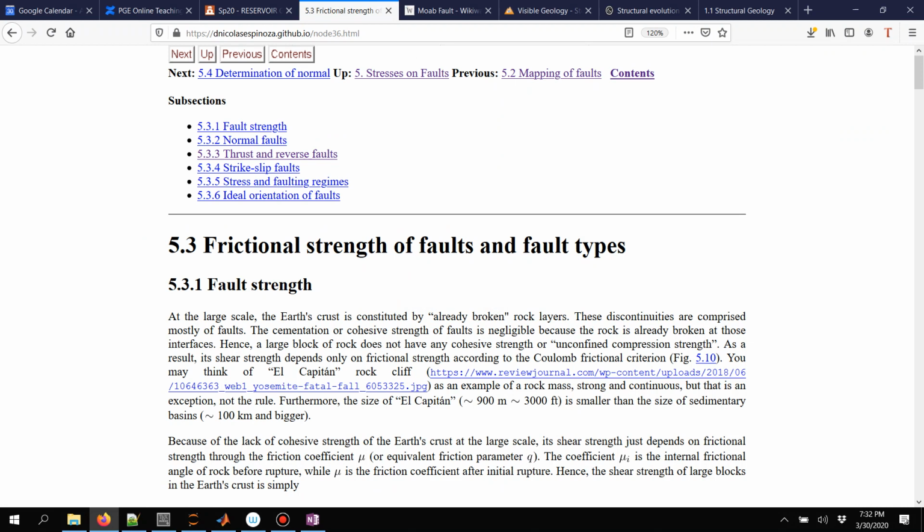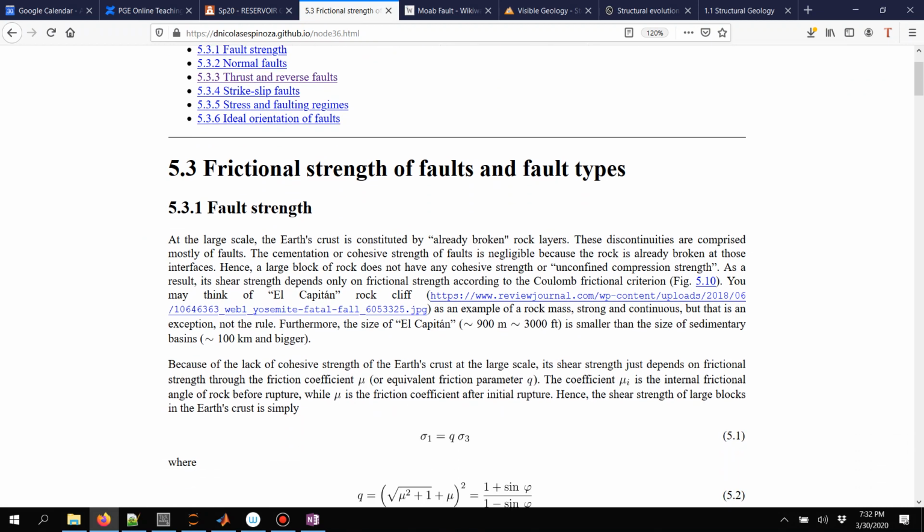And let's get started. Well, a fault, like any other geomaterial, is going to have some strength.